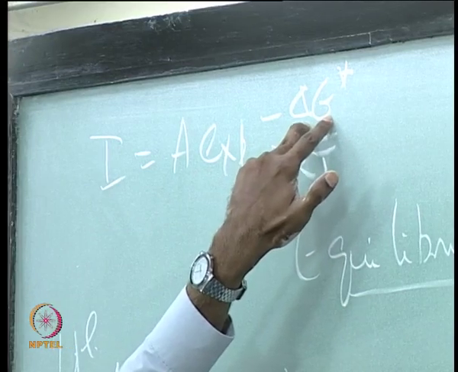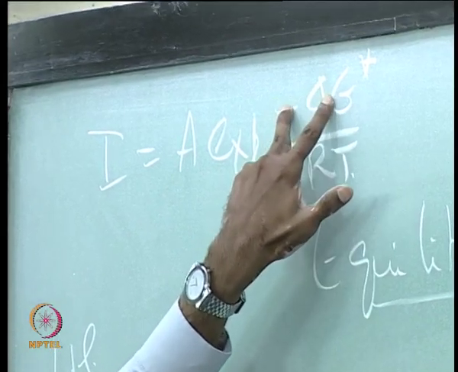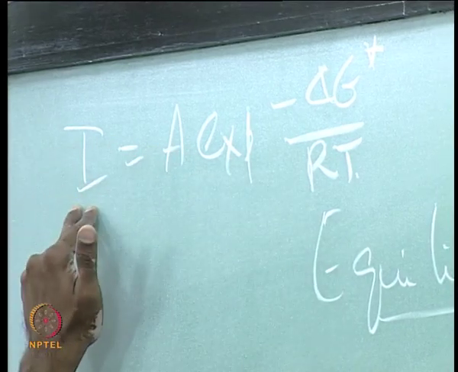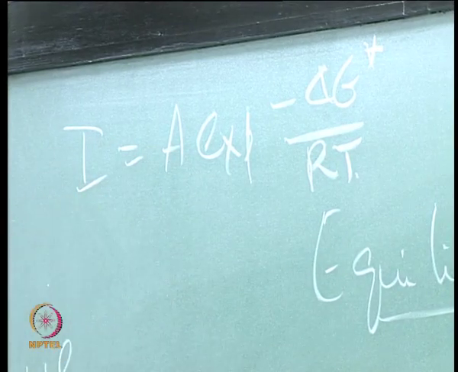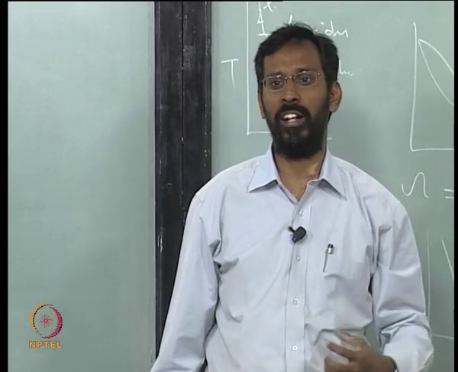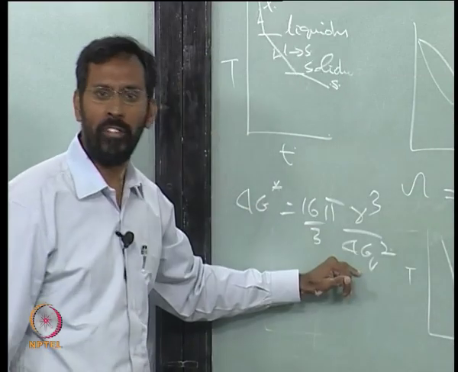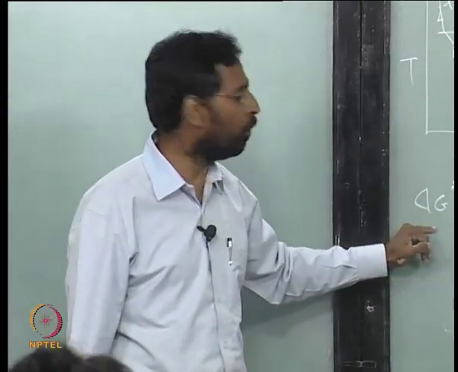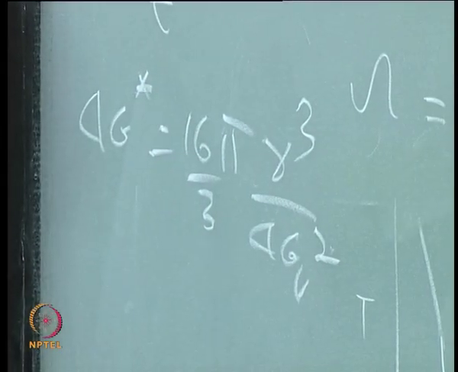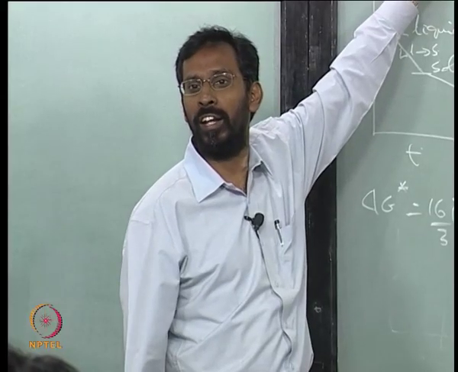So, the smaller the delta G star, because this is negative and it is exponential, you would see the larger the nucleation rate. So, if I take a liquid, bring it below the melting point to a larger extent, I am providing a large driving force, because of which I need only a smaller activation barrier, and because of which I have a higher nucleation rate.